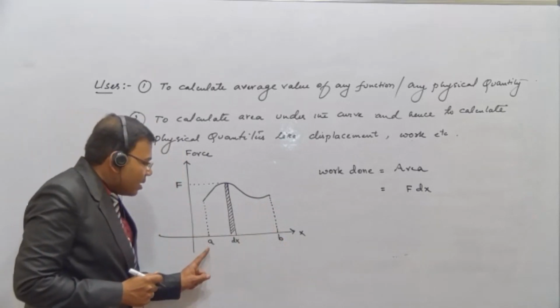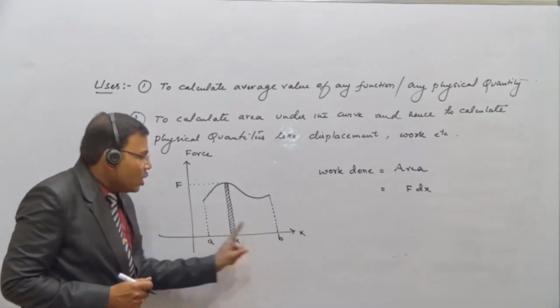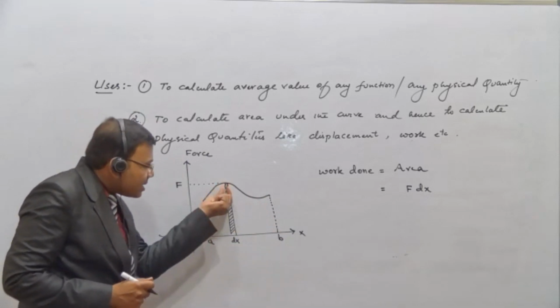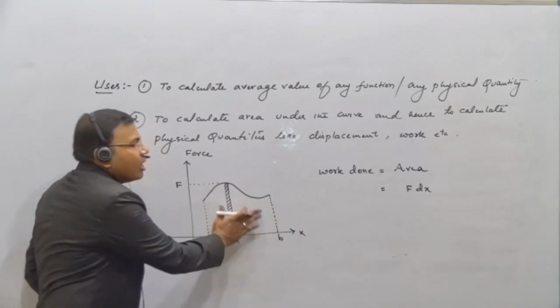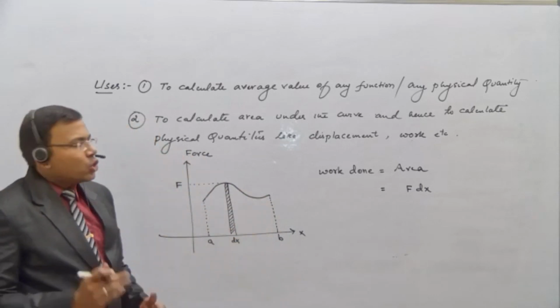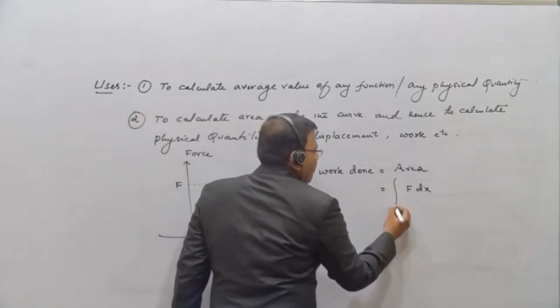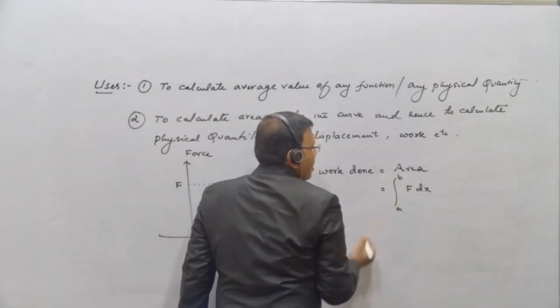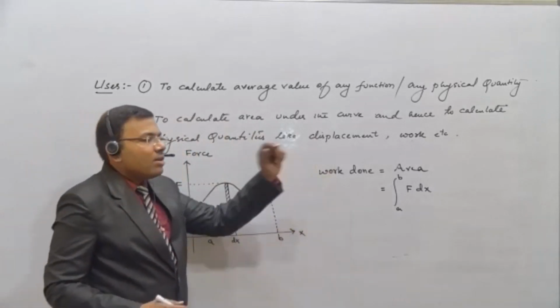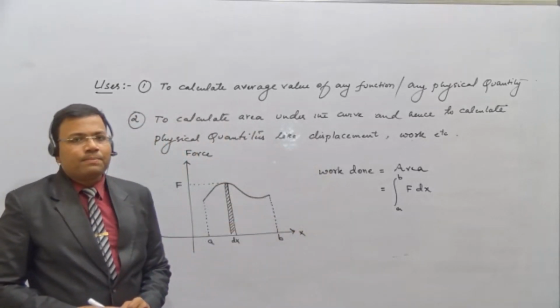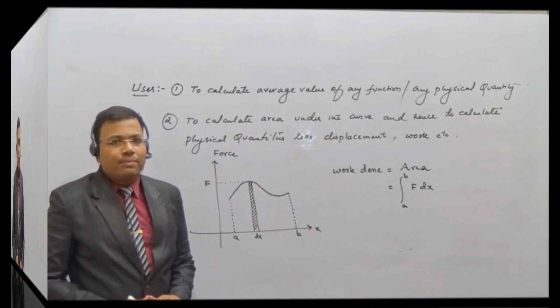So when I integrate this strip from A to B, I am going to get the complete area under this graph, and that complete area is our work done. I hope you have understood.